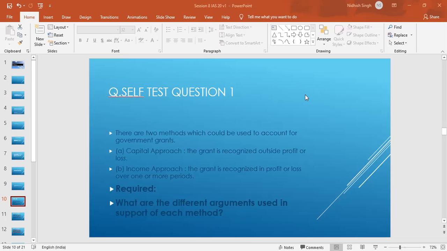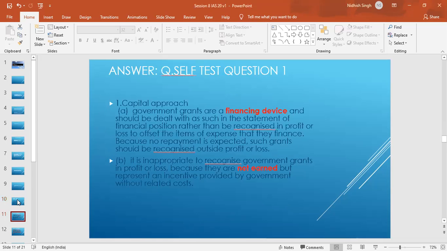Hence, it is supporting your ongoing profit and the P&L and the operations. So it is a matter of operations, and it should be reflected in the operations. So there are arguments for both of the approaches. Many favor, actually more people favor the income approach. And these are some of the arguments.